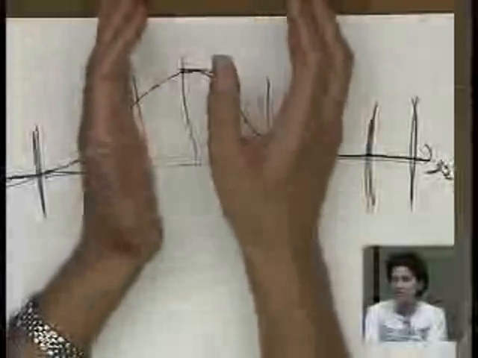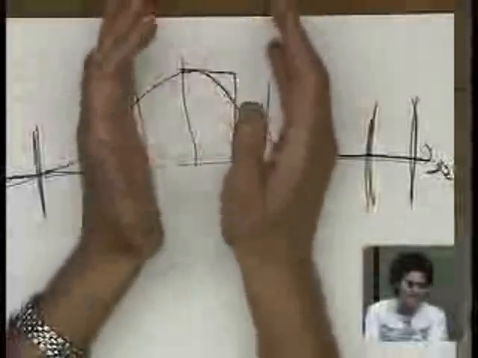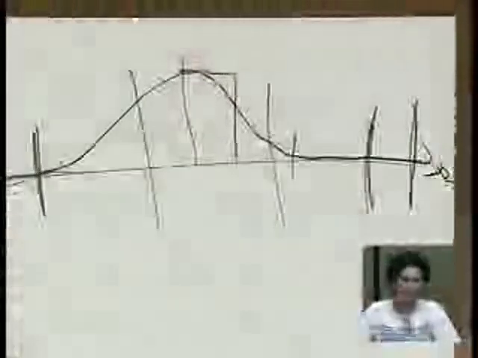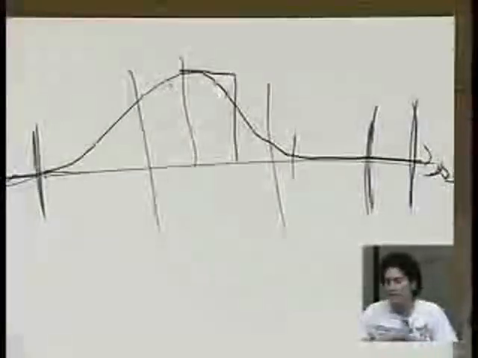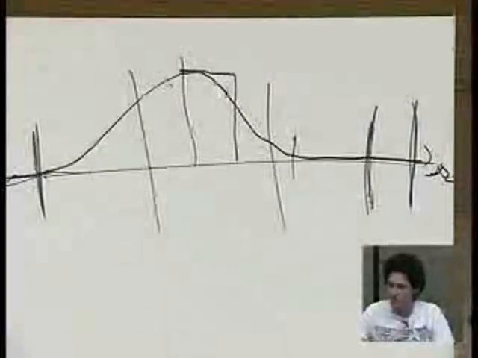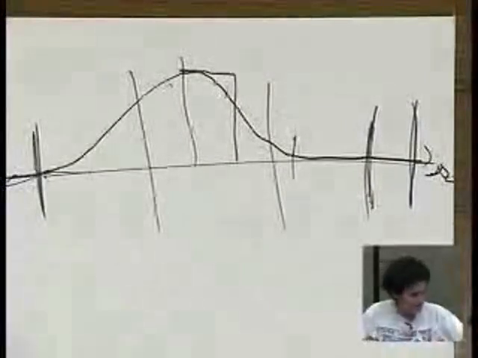In any A to D system, as I said at the beginning of the class, before you start sampling, people realize that no signal is ever band limited. Even if it was band limited by nature, it has noise added on top of it. They always filter it, get rid of all the higher order frequencies, and then they start sampling it in order to avoid aliasing and all kinds of other bad things that happen.